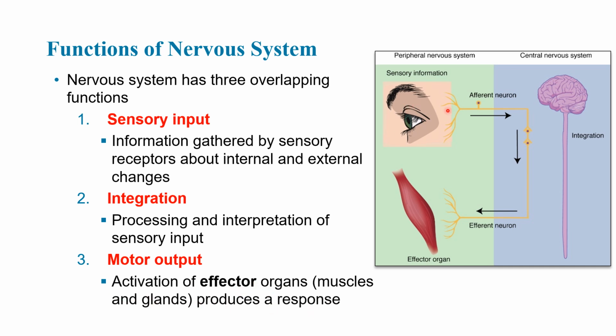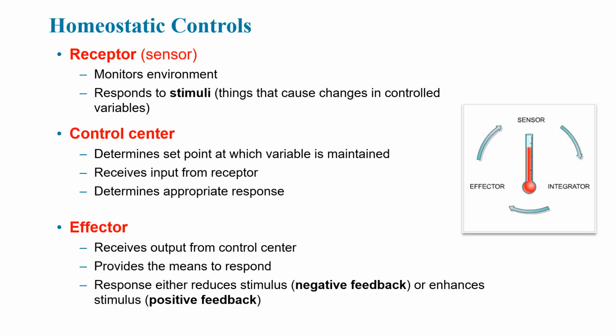So we have an input, we have an integration, and an output. And so, just like homeostasis, and the nervous system is a part of homeostasis, anytime we have an input, integration, effect, we have to have these three elements.